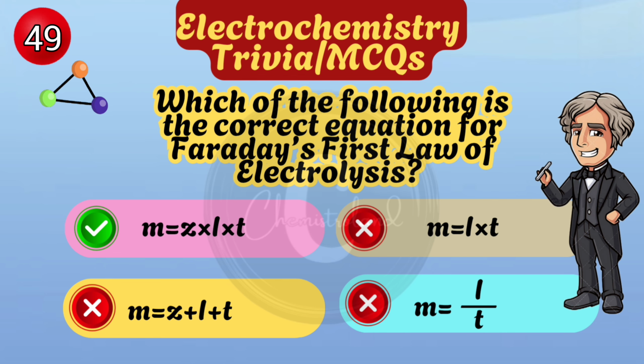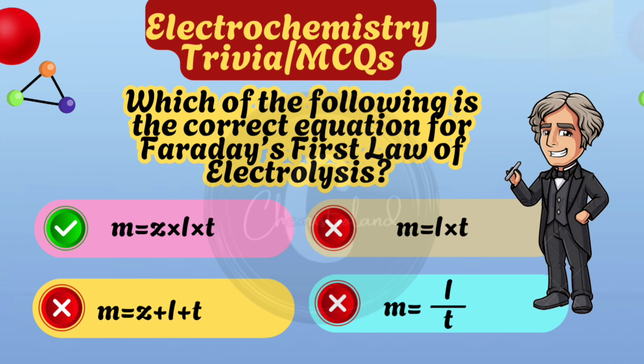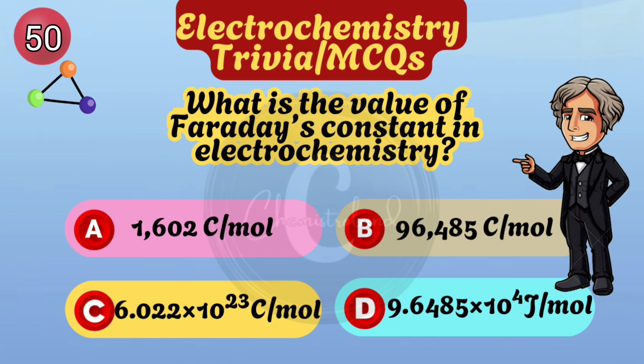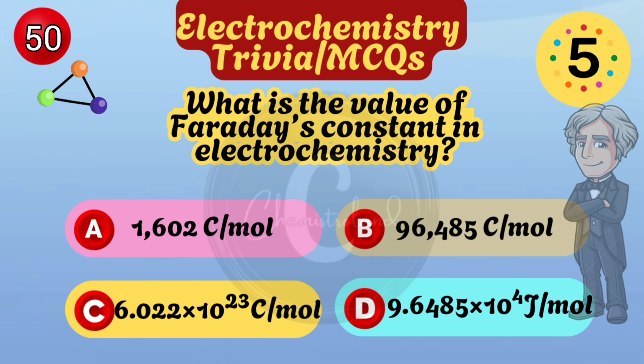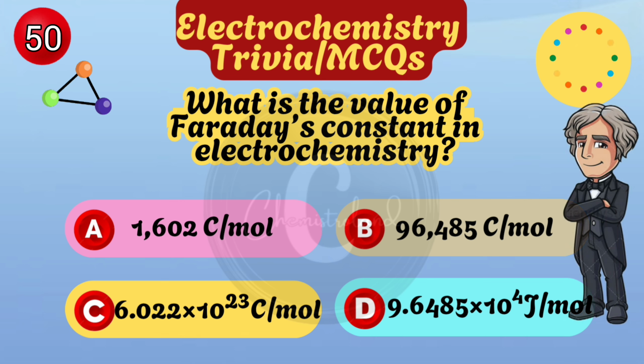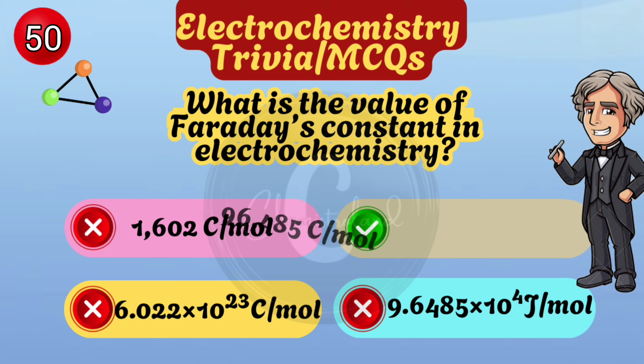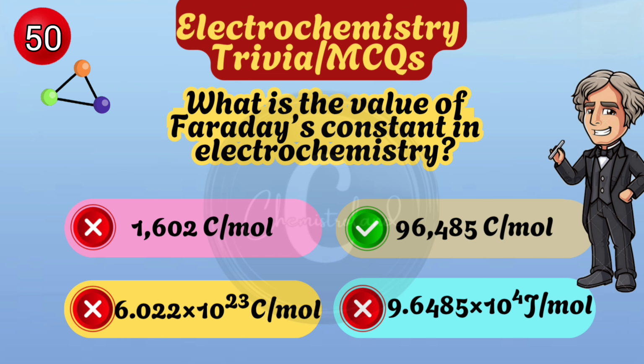M equals Z (constant) times I times T. What is the value of Faraday's constant in electrochemistry? 96,485 coulombs per mole of electrons.